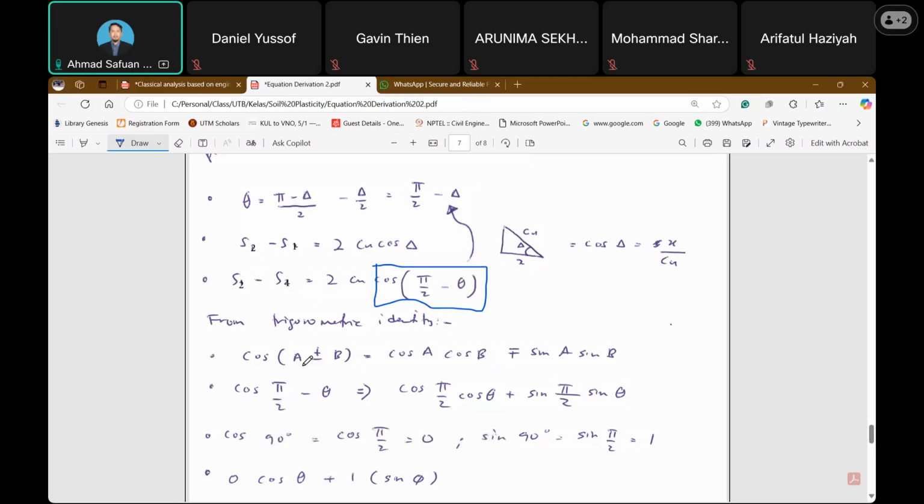So later on, dS is equal to 2Cu d theta.